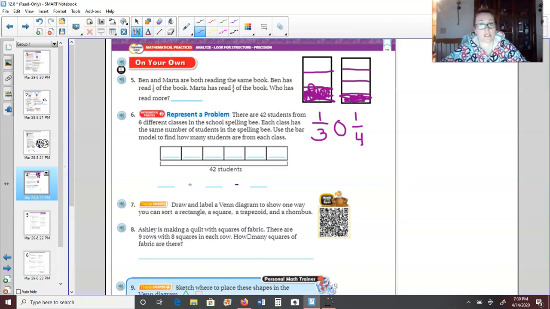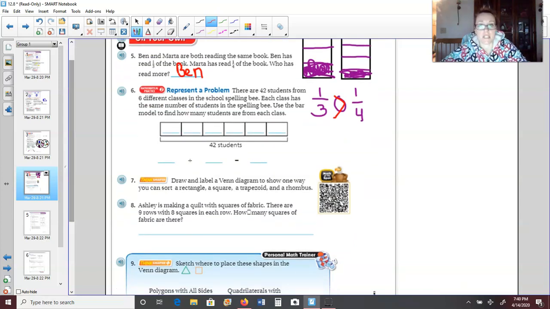So even though 4 is a bigger number, it actually means that her book was divided into 4 sections, so those sections are smaller. And so a third is going to be greater. So that means Ben read more of his book.